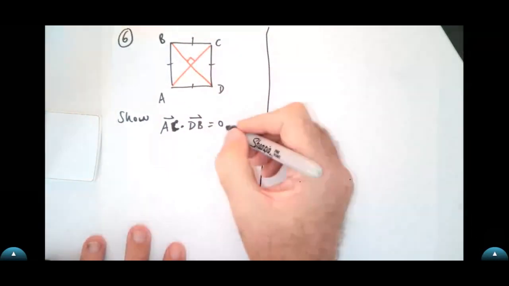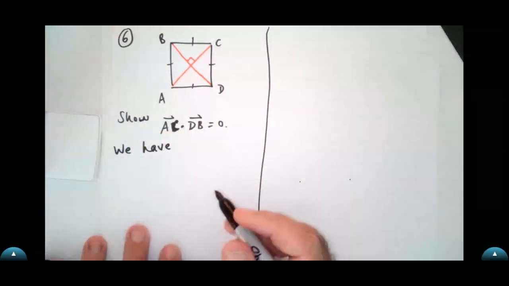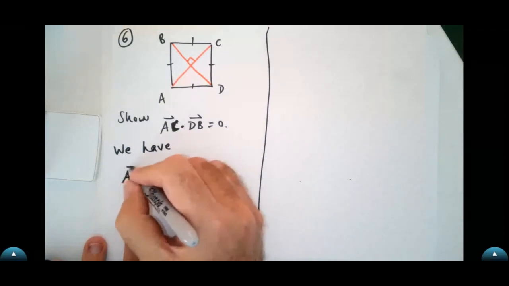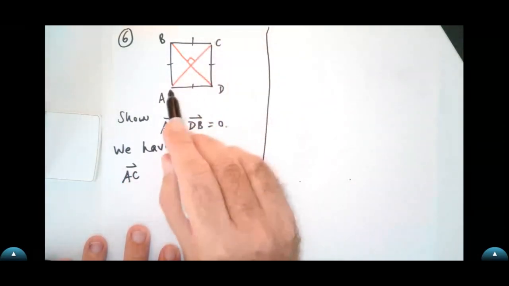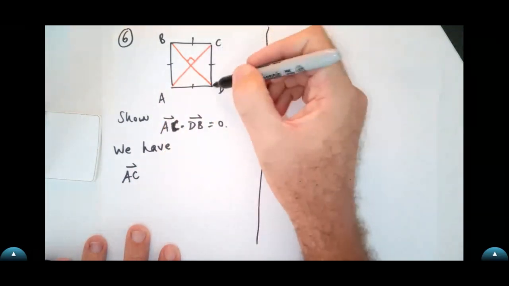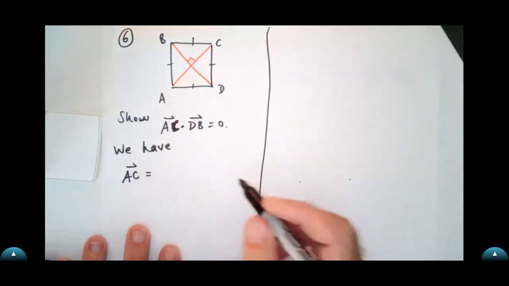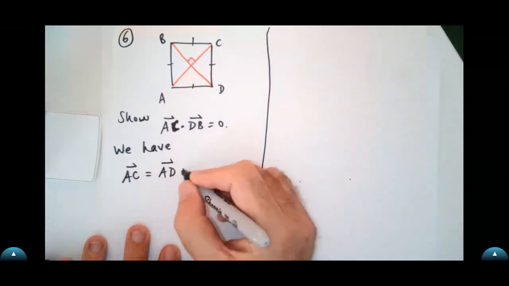So if I look at AC, the vector from A to C, I can write that as the vector from A to D plus the vector from D to C. Yeah, thank you, Sartik. It's like you're reading my mind. That's awesome.